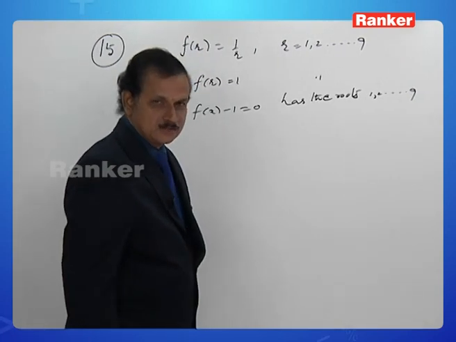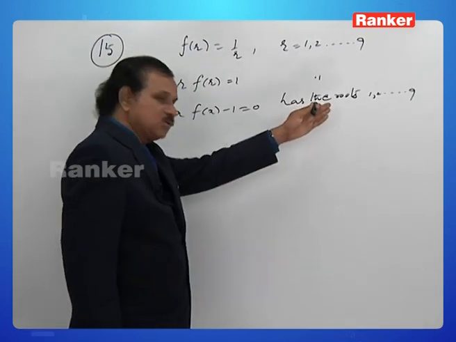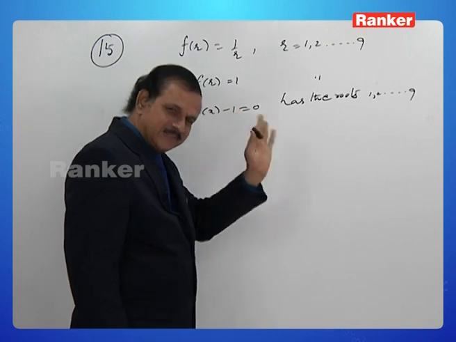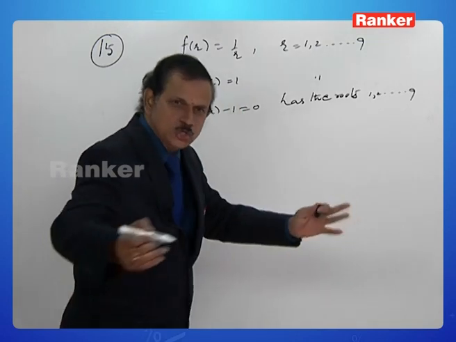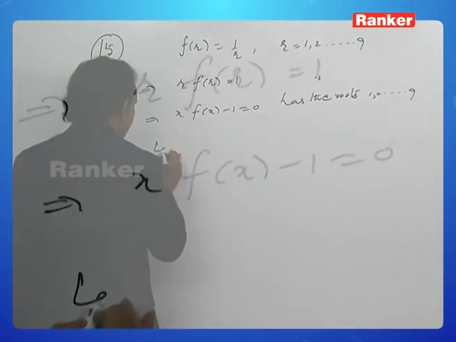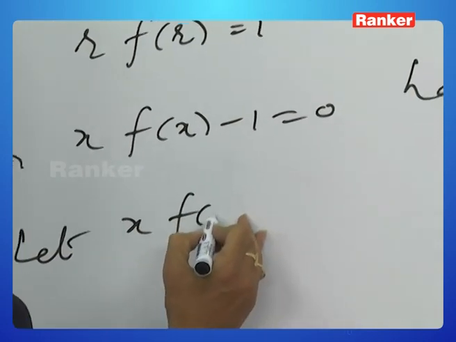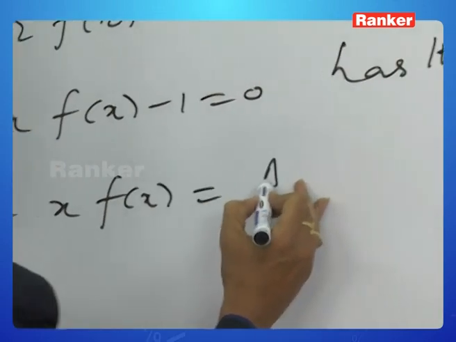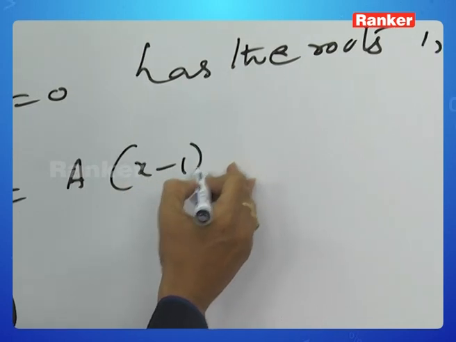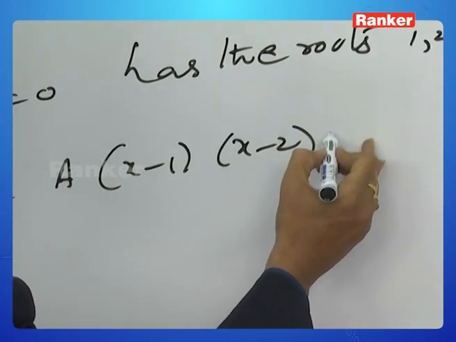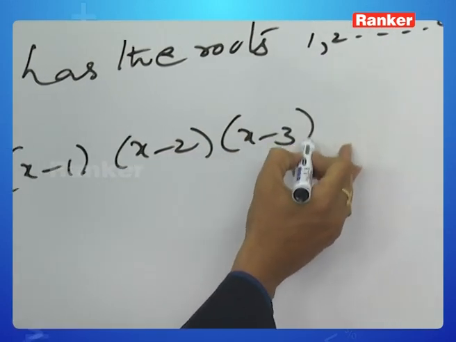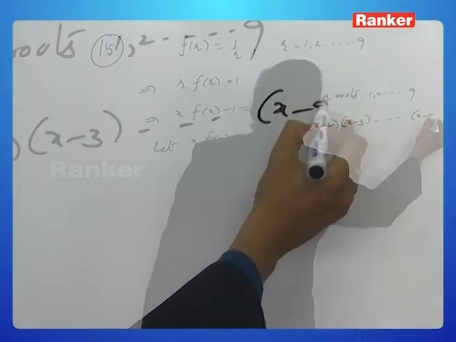You can trace it. By making use of this, we can assume that x into f of x is equal to some constant A into x minus 1 into x minus 2 into x minus 3 and so on, up to x minus 9.